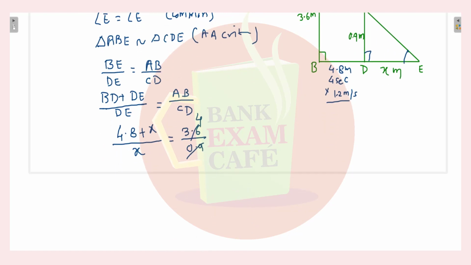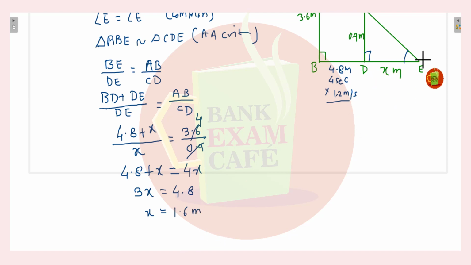Solve this further, cross multiply. Here it will be 4x, correct? So 4.8 plus x is equal to 4x. Take x to this side, so that will be minus x, so 4x minus x will be 3x, and so 3x is equal to 4.8, and therefore x is equal to 1.6. 3 ones are 3 and 3 6s are 18, so it will be 1.6 meter.